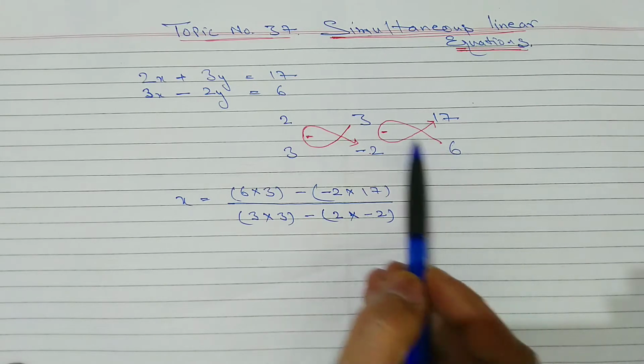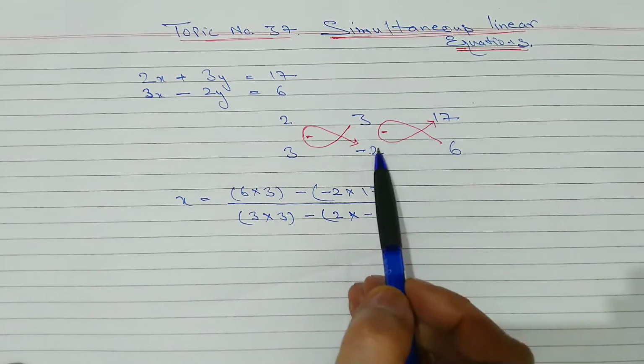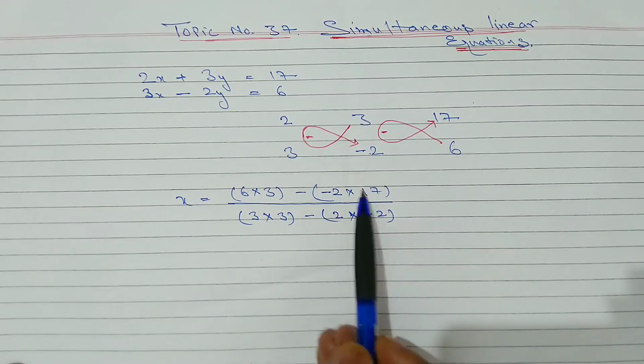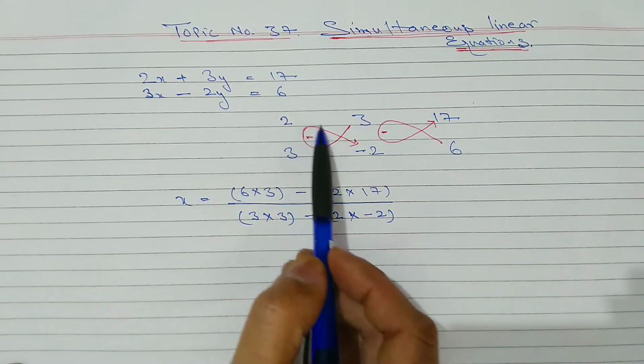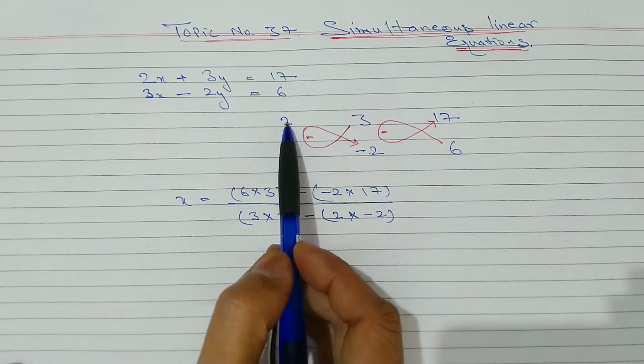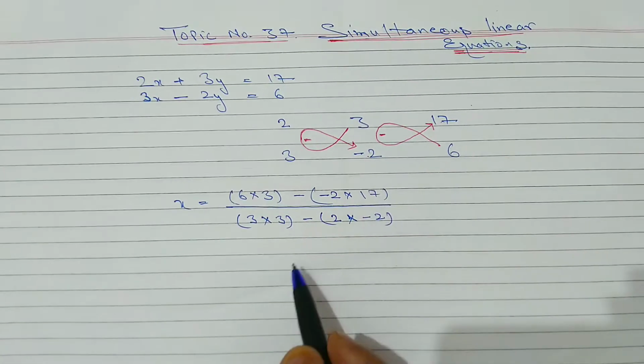Again, this into this minus this into this. For this denominator, draw like this, 3 into 3 minus 2 into minus 2.